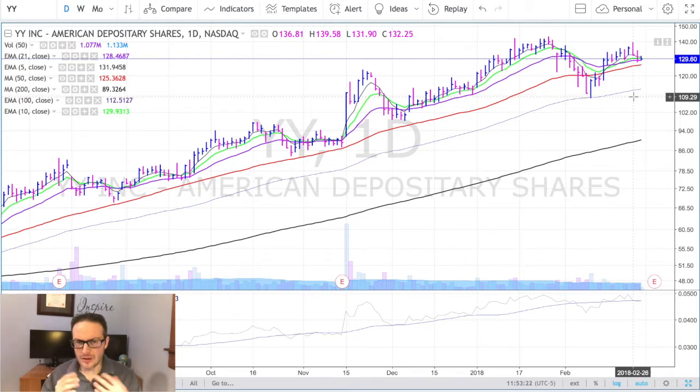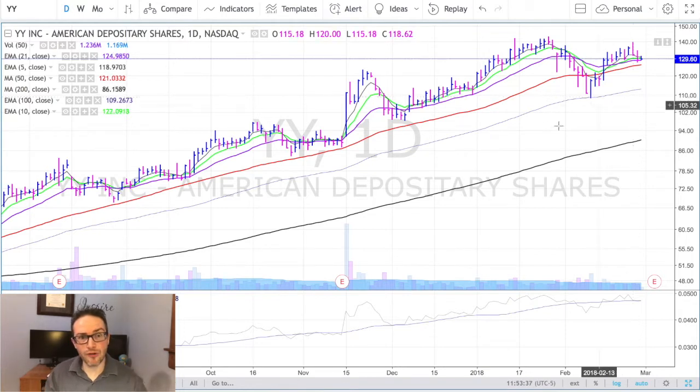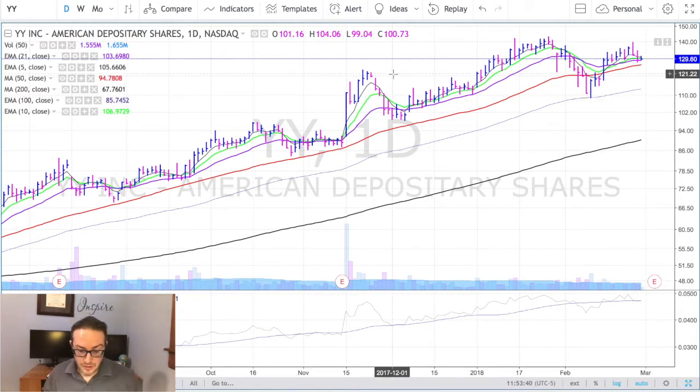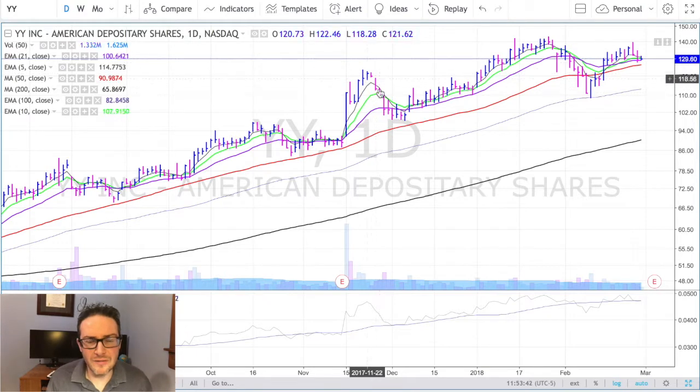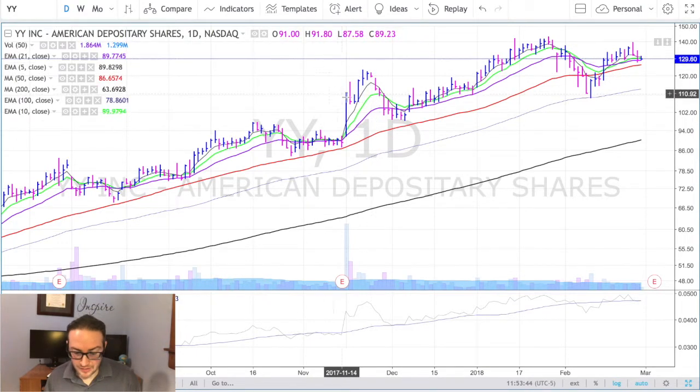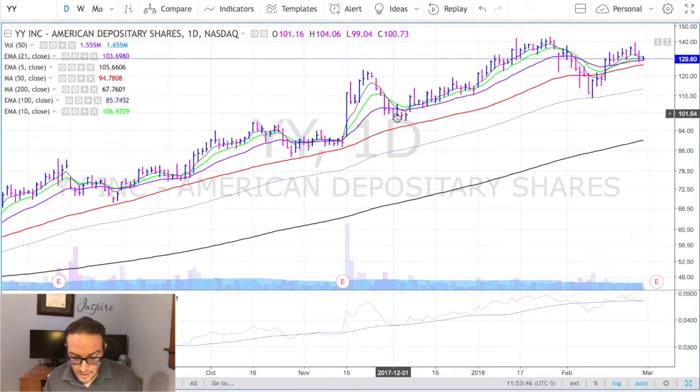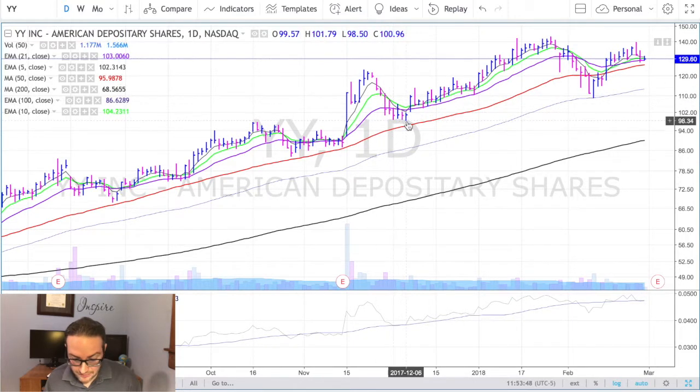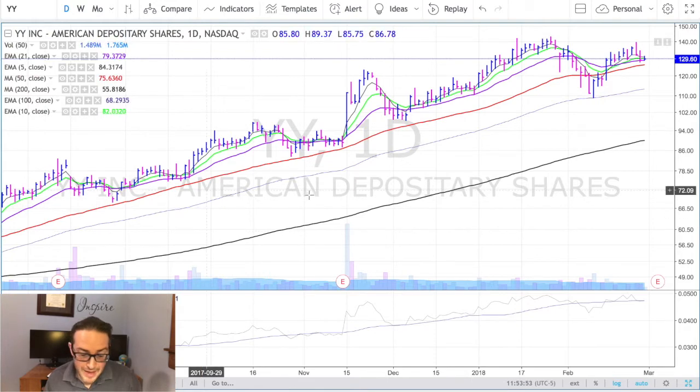Moving averages tend to be very important because there are institutions that look at these things and look to buy off of them, and many other traders use them, so they end up becoming important levels of support, but it's also quantifying the move. On a shorter term micro level, as YY pulled back to the 50-day moving average over here, it did so kind of dramatically, right?